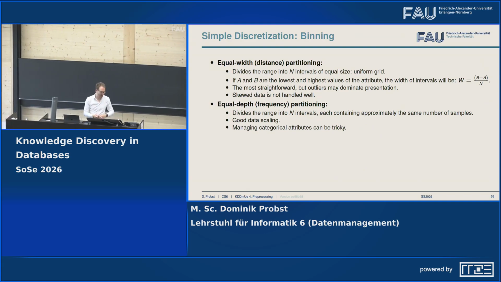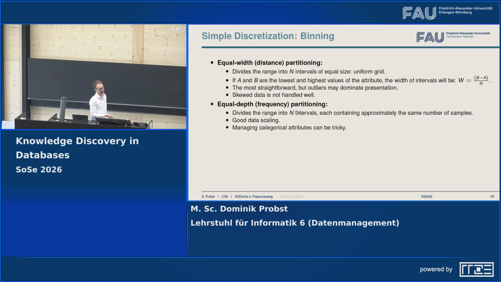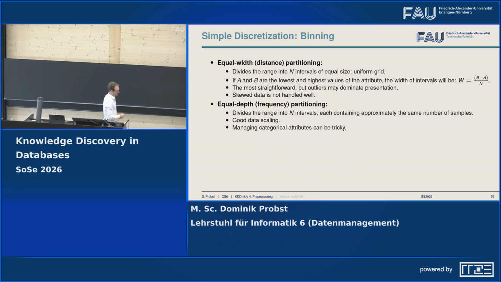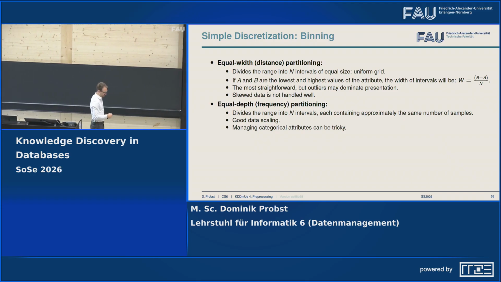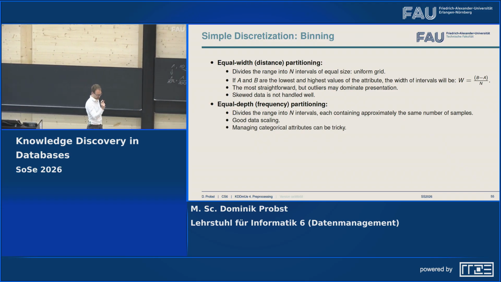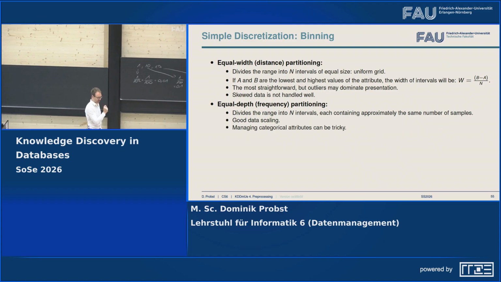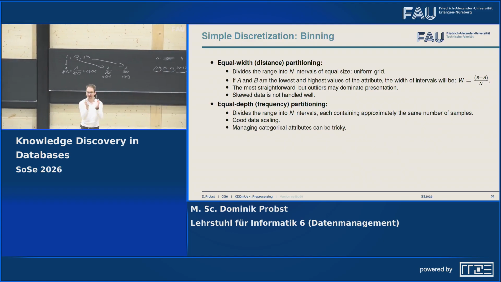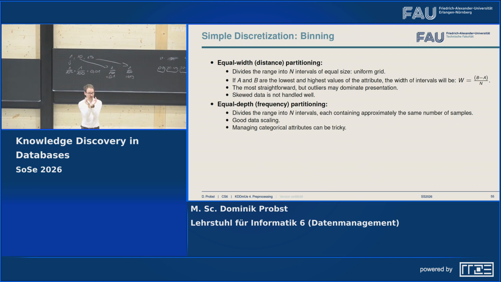Well, the answer is already on the slides. We have a pretty good data scaling in here. So we have more precise buckets for buckets where many values are clustered, because then the value range will get pretty small at these buckets.